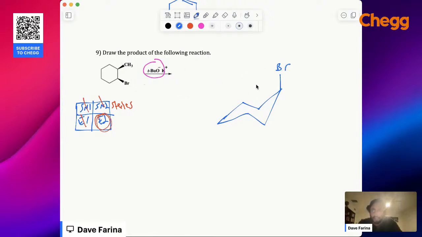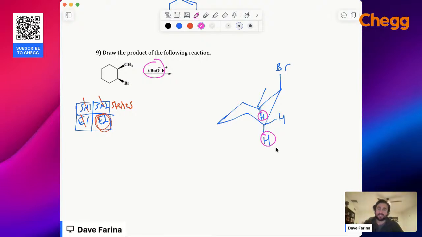And then if we go counterclockwise one, we've got a methyl there, and then we have hydrogen there, which means on this side we have two hydrogens. So in this case, we do have two protons that are available for elimination. Boom, boom. We have two alpha protons that are axial. So each of those is antiperiplanar to the bromine. And so either of them can be extracted for E2 elimination.